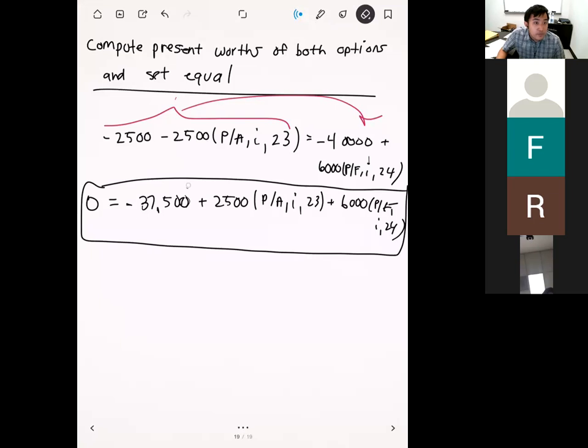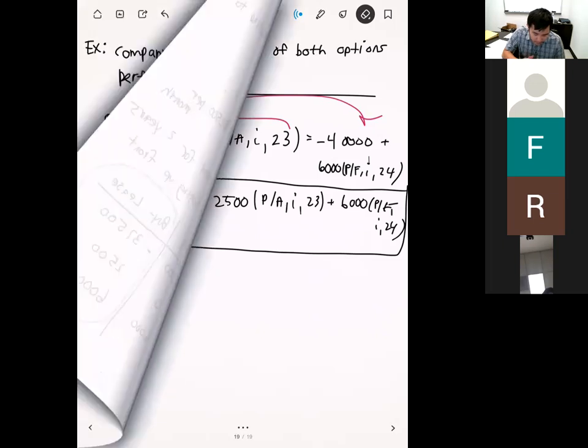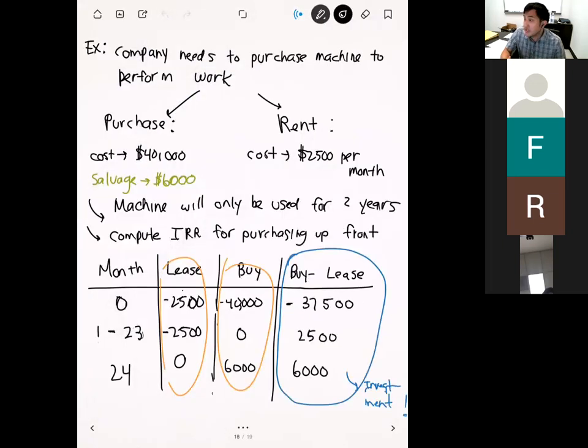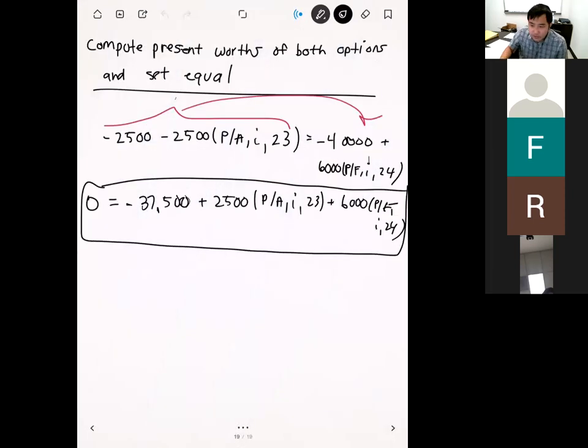This is exactly the same cash flows that the difference column represents. And what we'll see next after this example is that whenever you're comparing options with rate of return, taking the difference between the two is key towards getting a meaningful answer out of it.